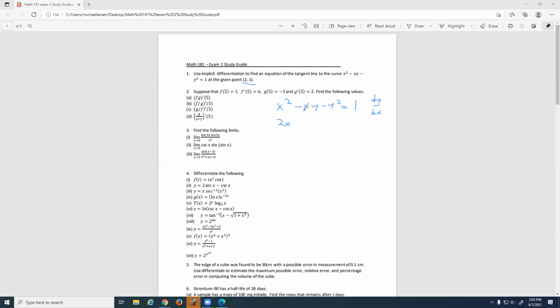If we use the product rule on this middle term, what should we get? Would it be y plus x dy/dx? Yeah, it sounds good. Don't forget we do have a negative sign out here, so I'll put a negative and then parentheses: y plus dy/dx times x, like that.